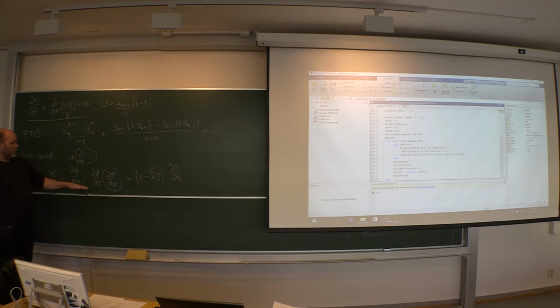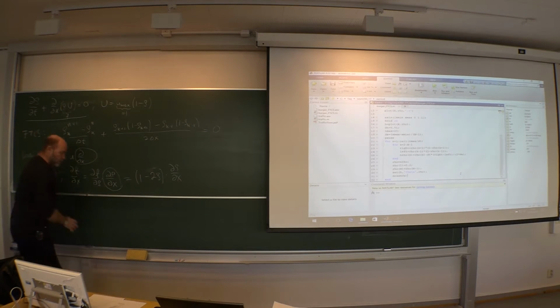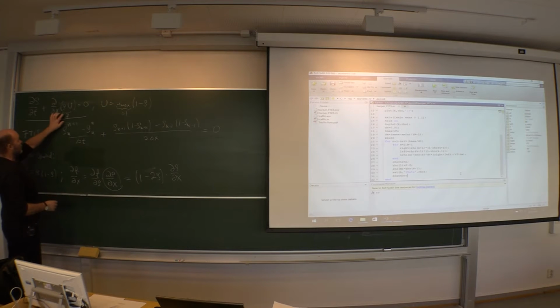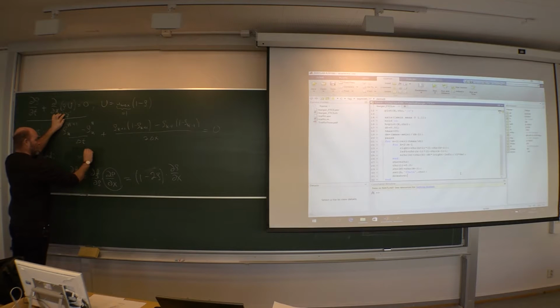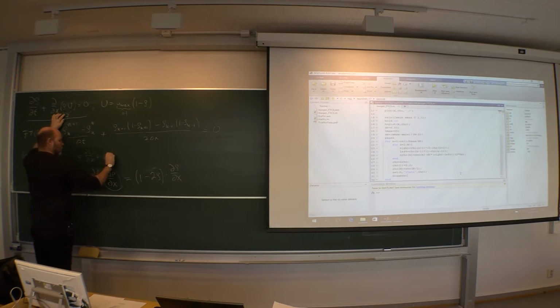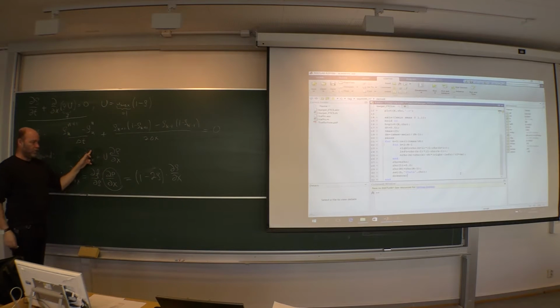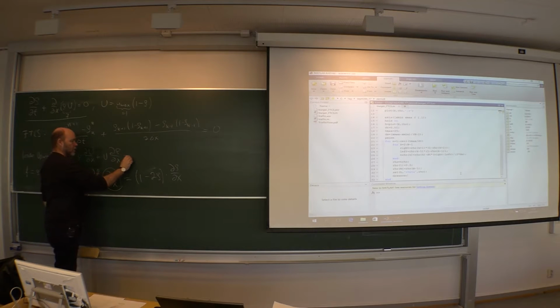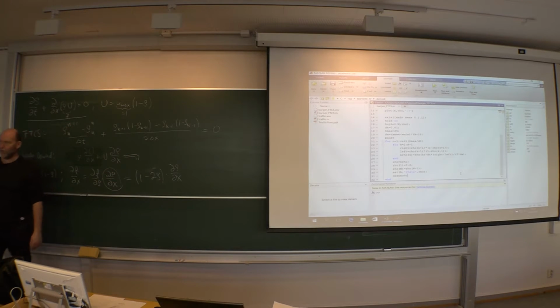Well, if you don't believe me doing this chain rule, you can do it the other way if you want. Take this one and you write it then as rho du dx plus u d rho dx. Insert for u, and you will find, yes, they are exactly the same. Just try it if you don't believe me.